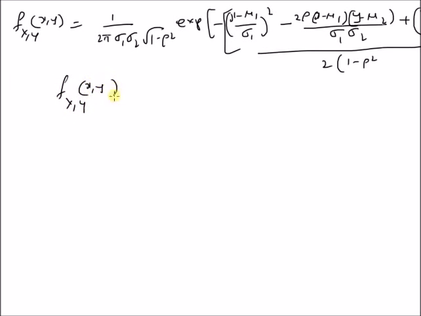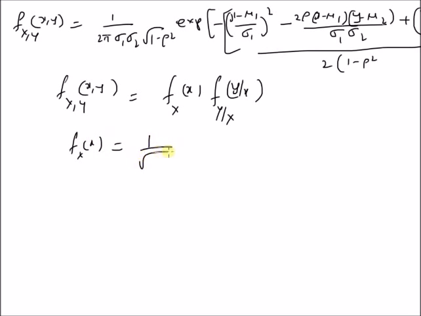joint PDF can be rewritten as the product of the marginal PDF and also the conditional PDF of y given x, where f_X(x), the marginal PDF of x, is given by 1 by square root of 2 pi sigma 1 square, exponential of minus (x minus mu 1) whole square divided by 2 sigma 1 square.